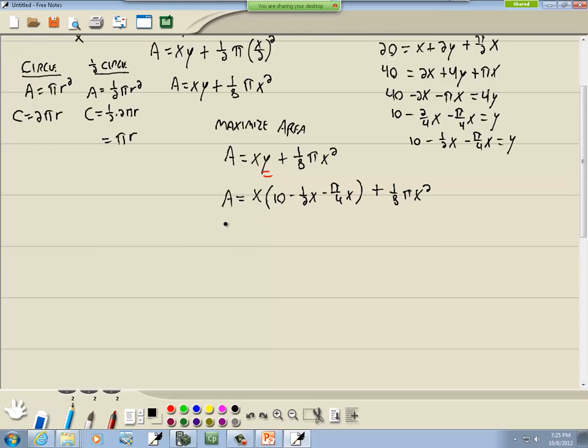There's no y's left, so we only got one variable to work with. Take x times 10, that gives us 10x. x times negative 1/2 x gives us negative 1/2 x squared. x times negative pi over 4 x gives us negative pi over 4 x squared plus pi over 8 x squared.